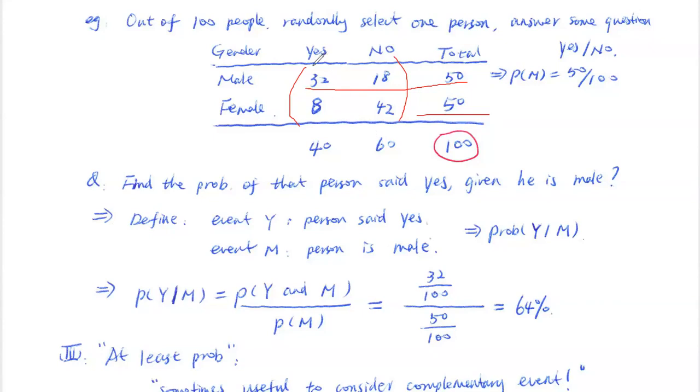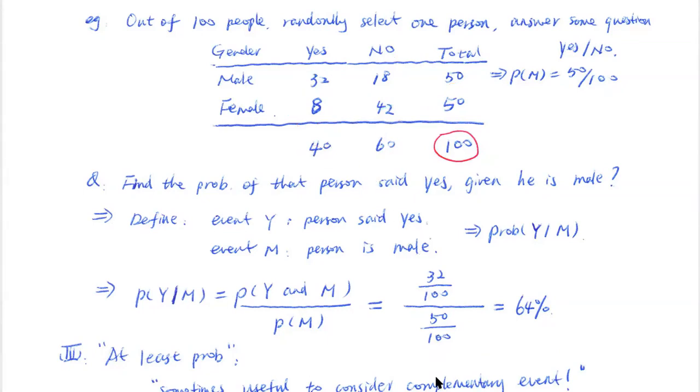And then how many people answered yes? You add them together, 40. How many people answered no? 60. When you add 50 and 50, you get 100. When you add 60 plus 40, you also get 100. So that's the information we are given.